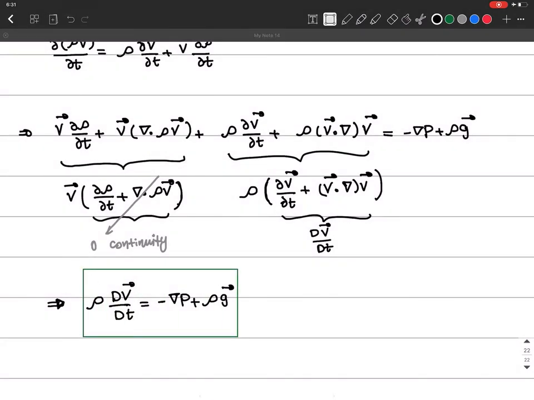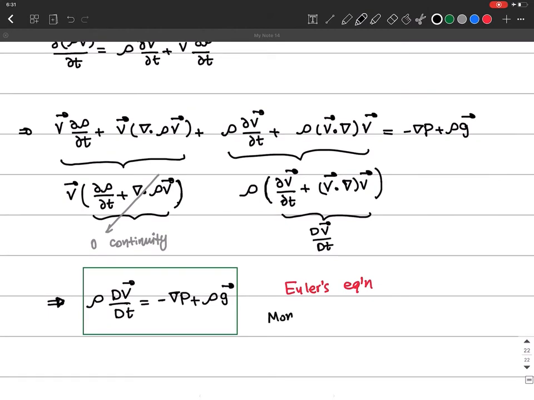This equation is the momentum equation in differential form for inviscid flows, or we also call this Euler's equation, or momentum equation in differential form for inviscid flows.